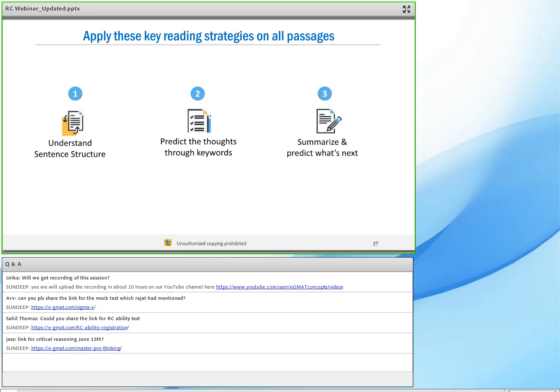Why? Because with keywords, you'd be able to really say, hey, this is what the sentence is going to talk about, which means the need to go to that sentence and to that word level will go down. As you apply these strategies, as you read a certain contextual word, which is really important, the meaning of it would automatically be translated in your brain, which means you would not spend a ton of time reading the passage. Remember, ask yourself, why do I take time?